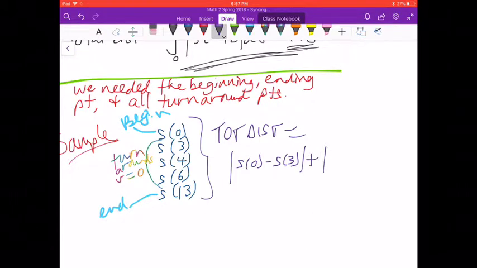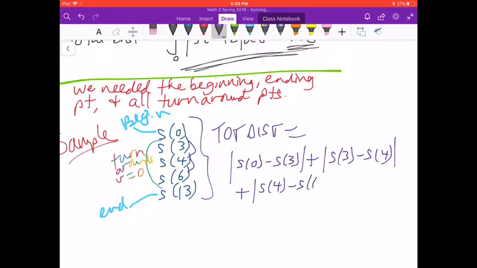Plus, next up I'm going to go 3 to 4, s of 3 minus s of 4. Plus, next, you guessed it, s of 4 minus s of 6. Plus, our last pair, s of 6 minus s of 13.